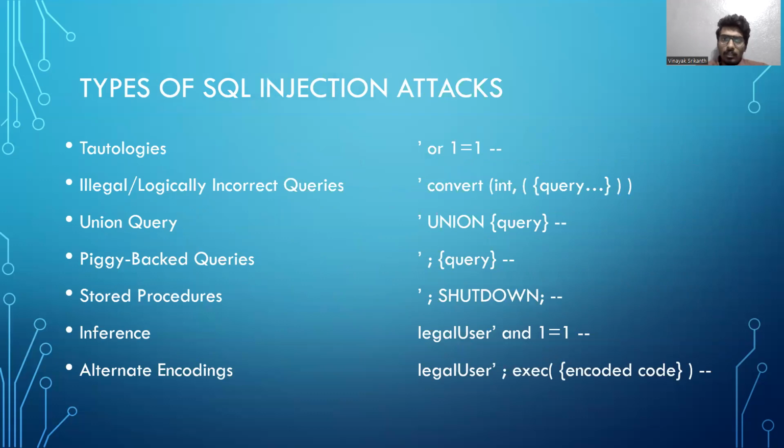Types of SQL attacks include tautologies, illegal or logically incorrect statement queries, union queries, piggybacked queries, stored procedures, inference, and alternate encoding. The syntax commonly used for these types of SQL injection attacks can be seen on the screen.